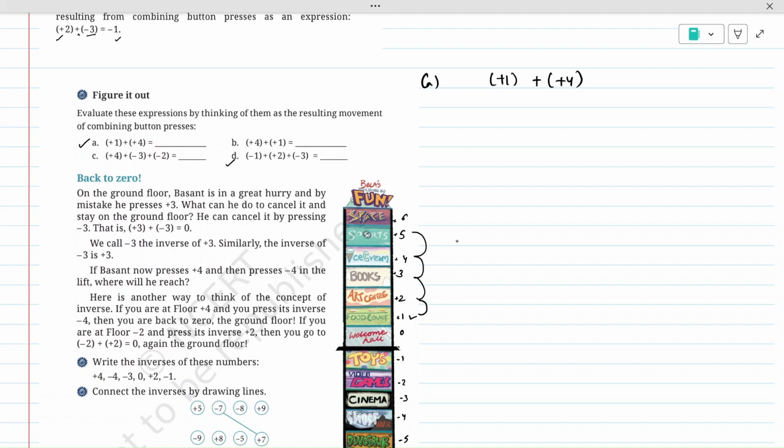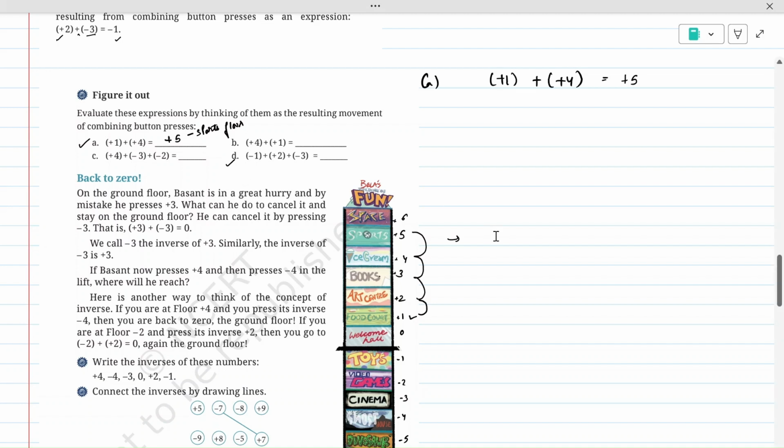So that means now I have reached to the sports section, which is at 5th floor. So to +1 I have added +4 and we will reach to the 5th floor, that is +5. Also I am writing the sports floor here. Sports floor.